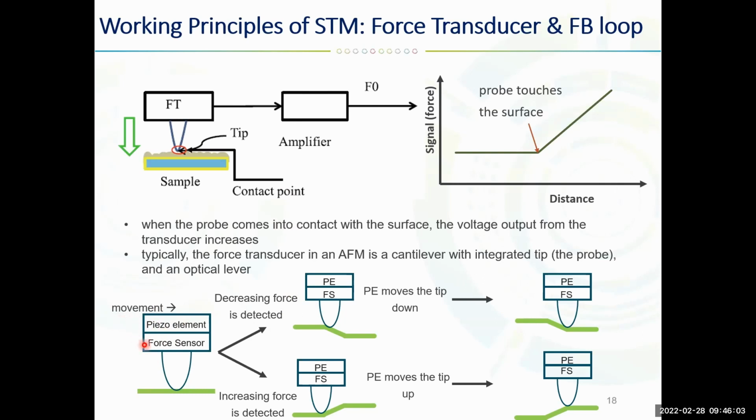The elements are moving along the surface, and if decreasing force is detected, this means there is a bump going down, then the piezoelectric element moves the tip down. If increasing force is detected, then the piezoelectric element moves the tip up, and that's how we maintain the same distance between the tip and the sample. This is called feedback loop control.